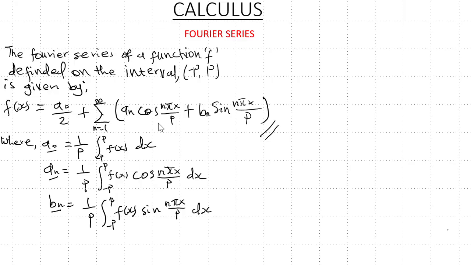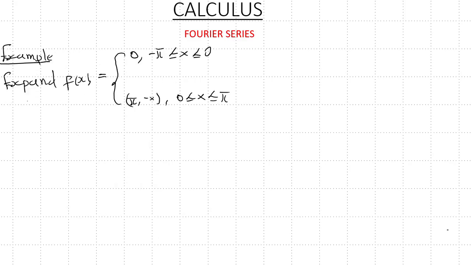Alright, so let's solve one example so that you can know how things are done when a question is given. Let me clean out the space here so that I write the question. So there is a question just like you see there, and we have to expand the function.